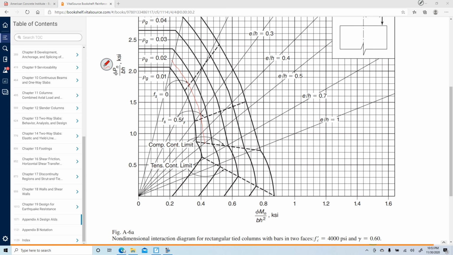And if I needed VPN, what was that, 1.76 KSI?